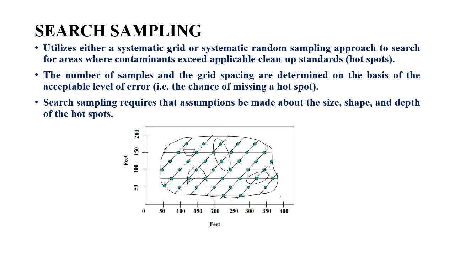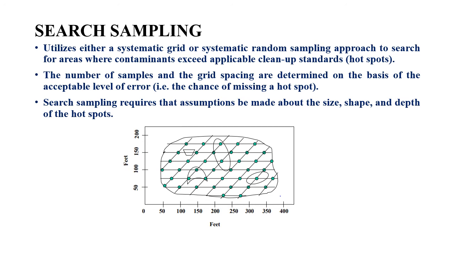So the search sampling utilizes the technique of systematic grid sampling or systematic random sampling, where you will have a grid-like structure, and you will go for either arbitrary selection of points within each cell, or you can select sampling locations at the nodes or at the intersection of the grid lines.